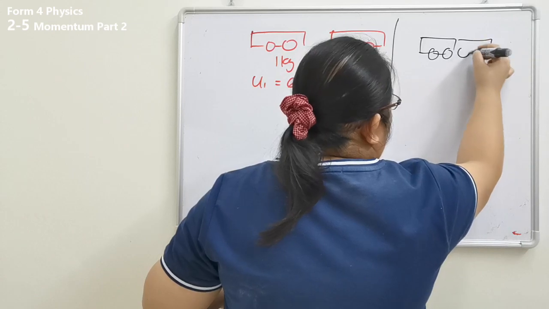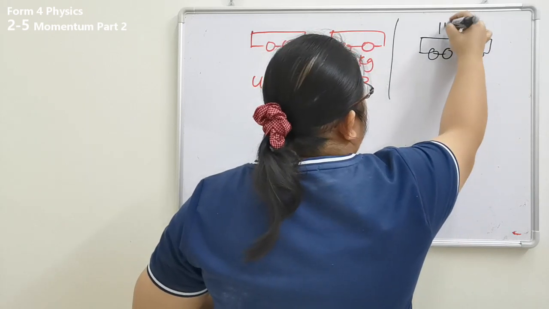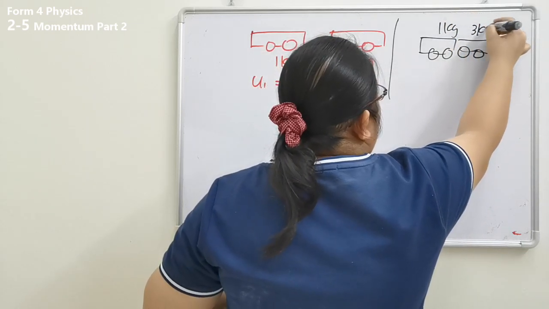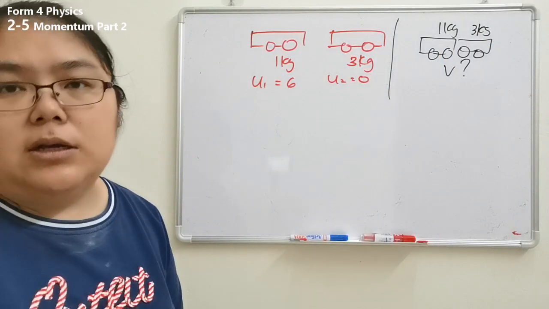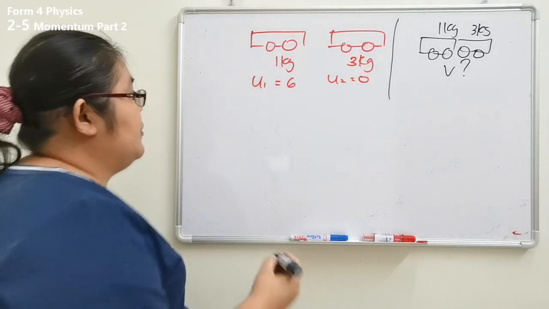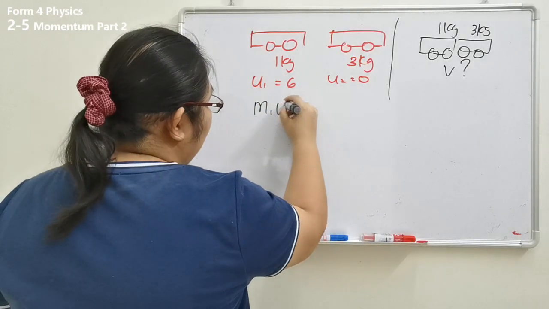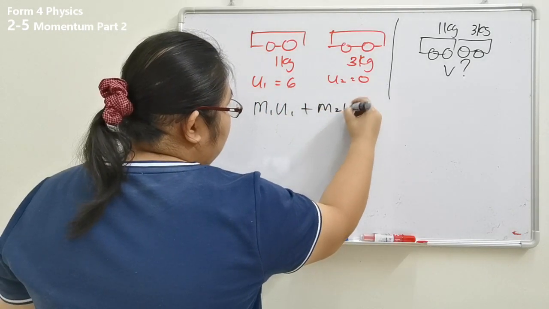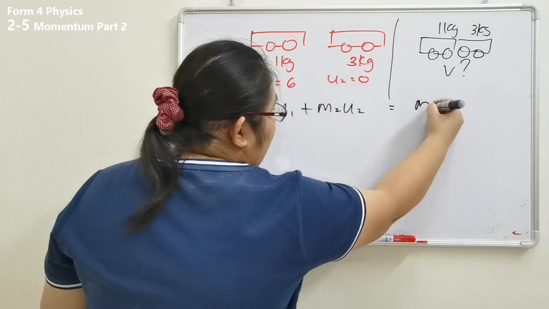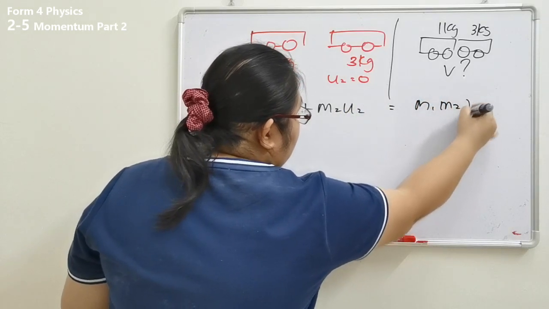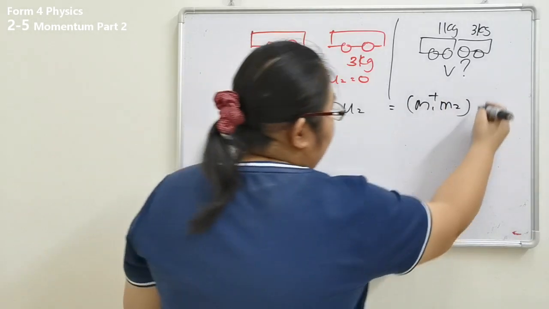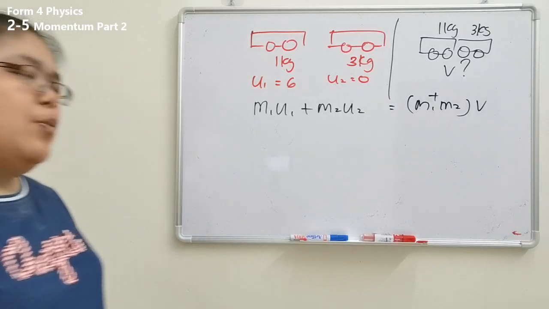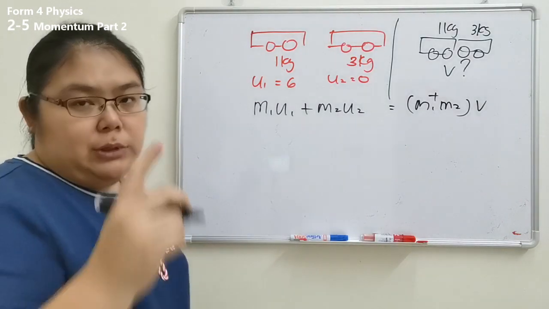Then they stick together, 1 kg and 3 kg. Then they ask you what is the common velocity. So from here we apply the formula again: m1u1 + m2u2 equals (m1 + m2)v. Note m1 plus m2, not m1 multiply m2.